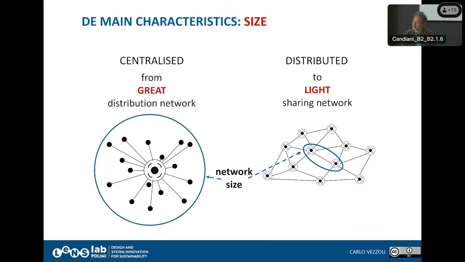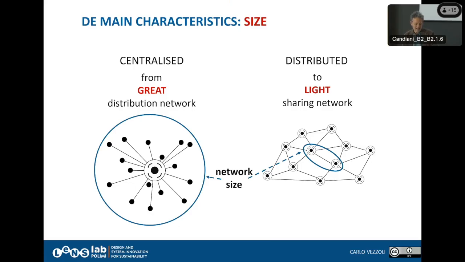Why a light network on one side and a great distributed network on the other? It's massive. When I have a big production system, whether I'm producing energy or a product, to distribute it I need an infrastructure and a heavy system.